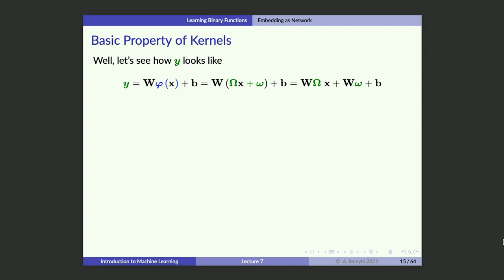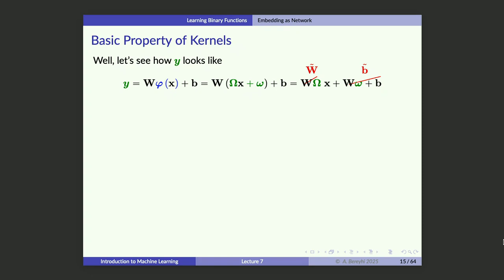Question? No. Now, since I have done this, I do one modification. I'm going to call W times omega, the first matrix, some other matrix, W tilde. Can I do that? I'm going to call that last part, all of it, one vector, and I'm going to call it vector B tilde.